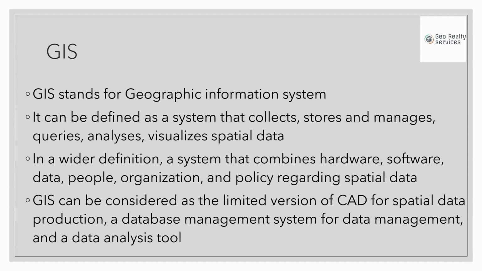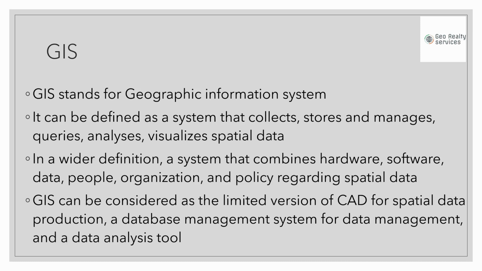GIS stands for Geographic Information System. It can be defined as a system which collects, stores, manages, queries, analyzes, and visualizes spatial data. In a wider definition, it is a system which combines hardware, software, data, people, or organization and policy regarding spatial data.